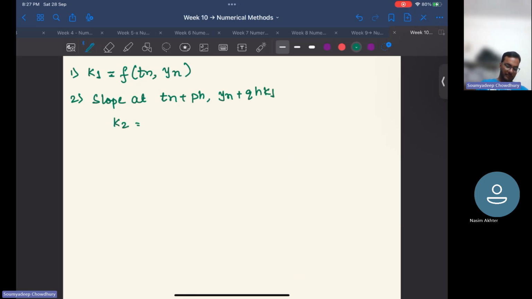This is given by K2, which is f of Tn plus PH, Yn plus QH K1. Is it clear? Or am I going too fast? No, clear, understood. Okay. So this is my intermediate point, the slope at the intermediate point.